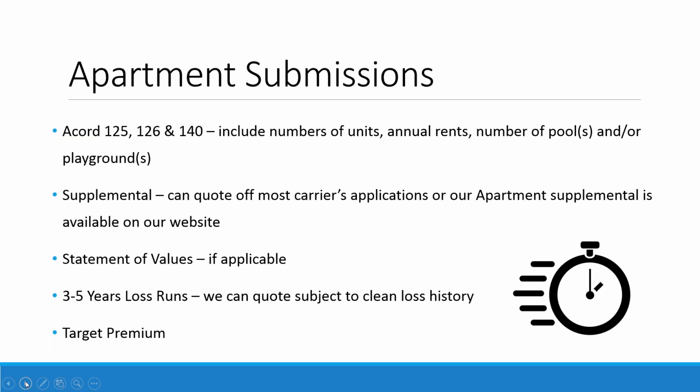It could be a condo association where the association itself is responsible for insuring the exterior of the building and the common areas, and the individual unit owners are responsible for insuring the interior of their units. Or it could be an association made up of single-family homes, where the association is only required to insure the common areas, and the individual owners are required to insure their individual homes within that association.